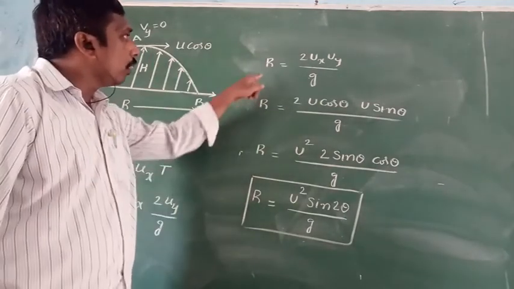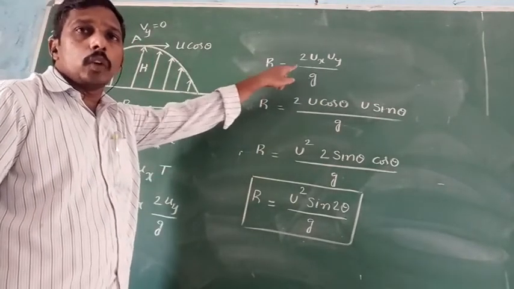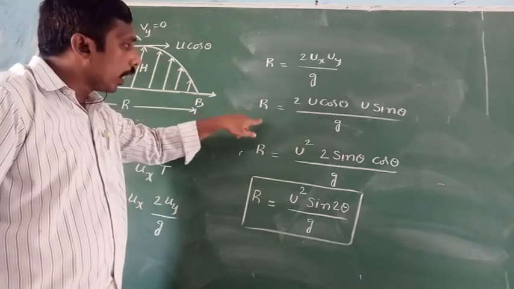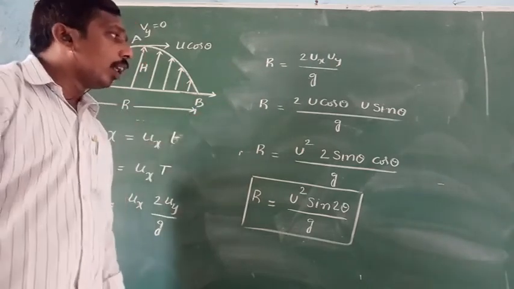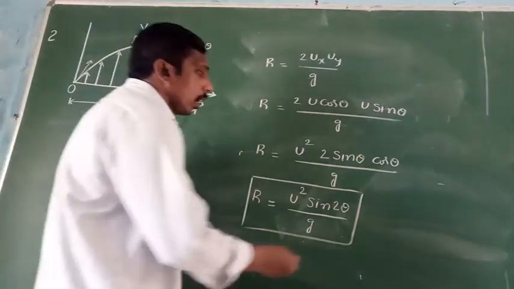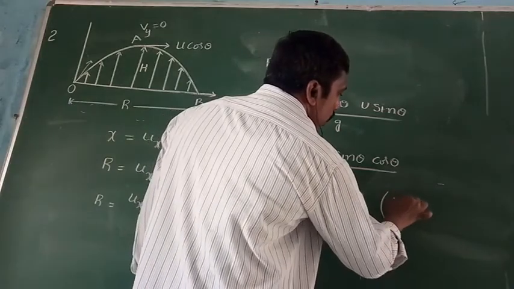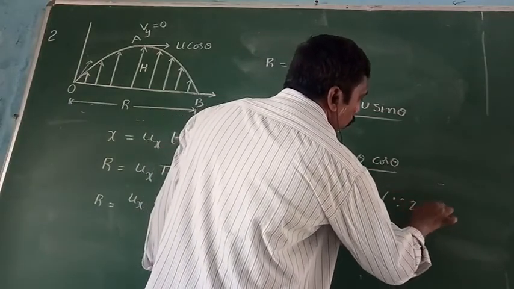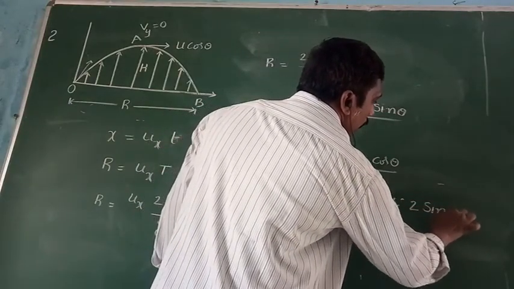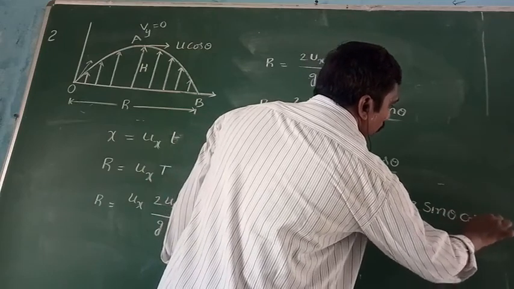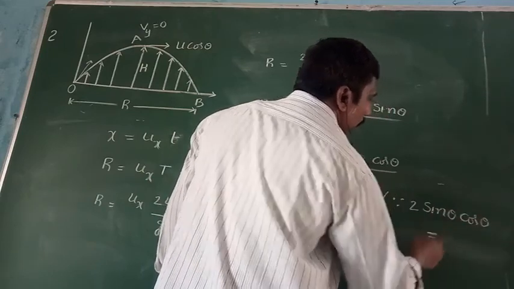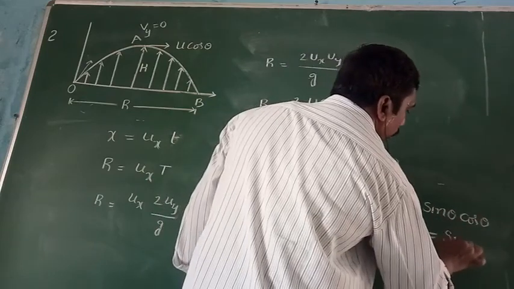This is the expression for the range. Or we can write R is equal to 2 ux into uy by g. Or you can write R is equal to u square 2 sin theta cos theta by g, since 2 sin theta cos theta is equal to sin 2 theta.